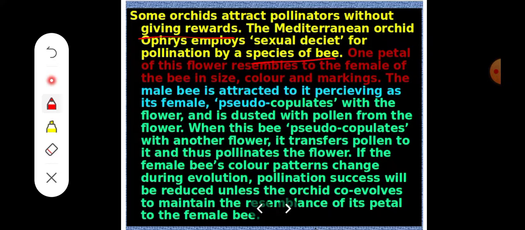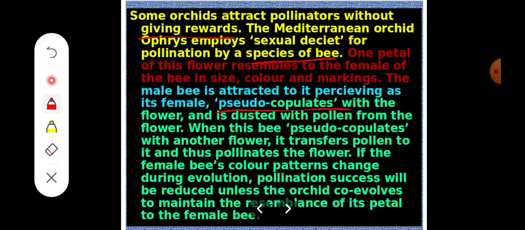So the petal will have the size, color and marking of the female bees. So the male bee will think that it is the female. So it gets attracted to what it perceives as a female.